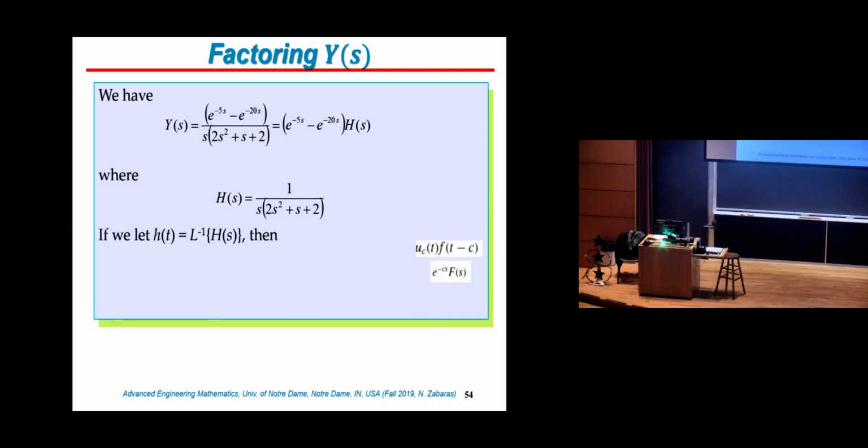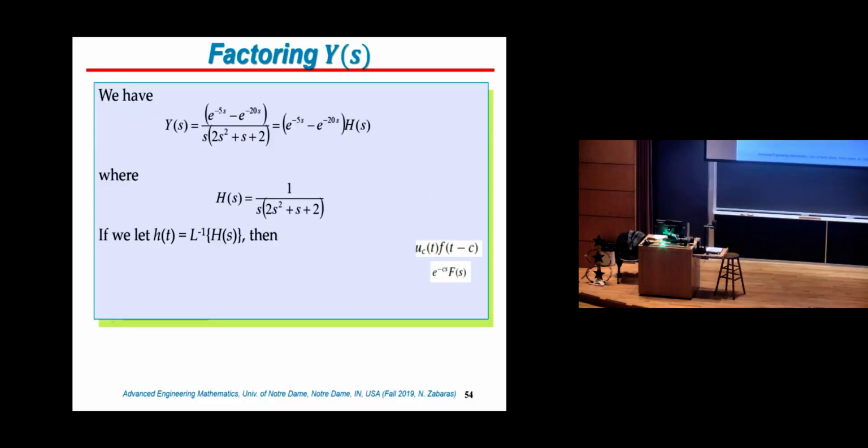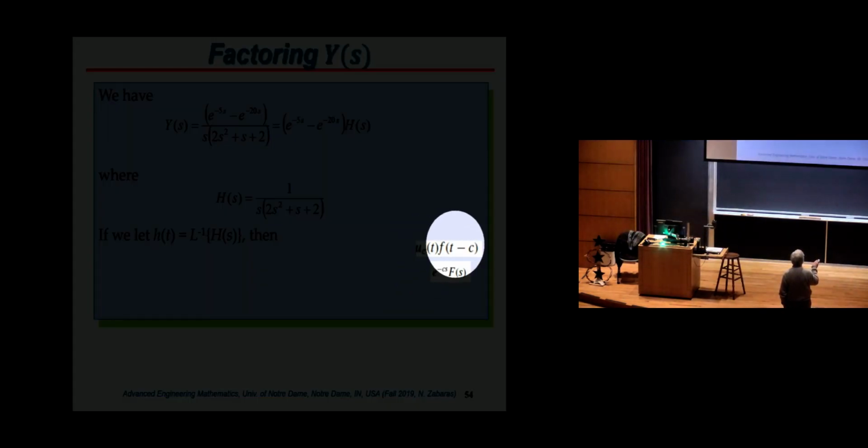So what happens? When the Laplace transform is multiplied by e to the minus cs, what does that imply for the function? What is this notation? What does all of this mean? So the Laplace transform of this is equal to that, right?